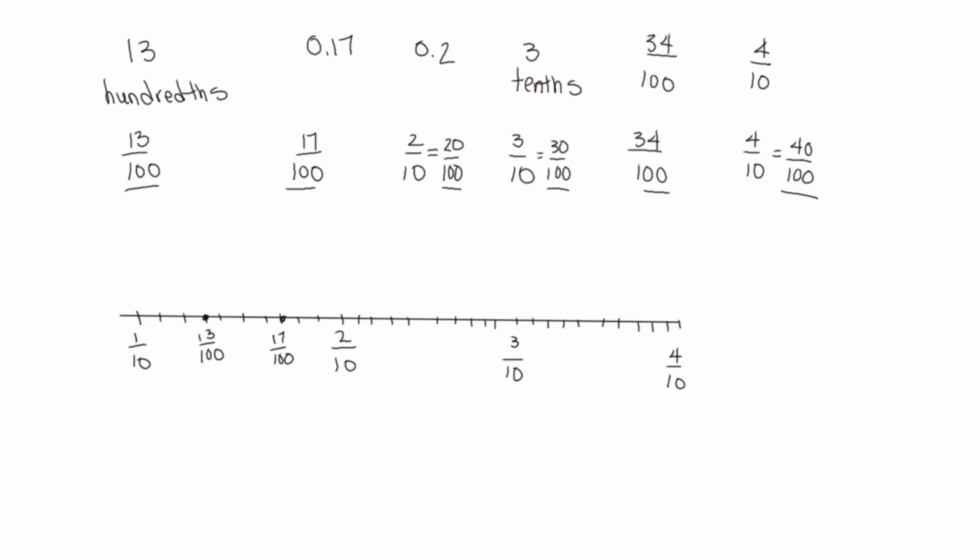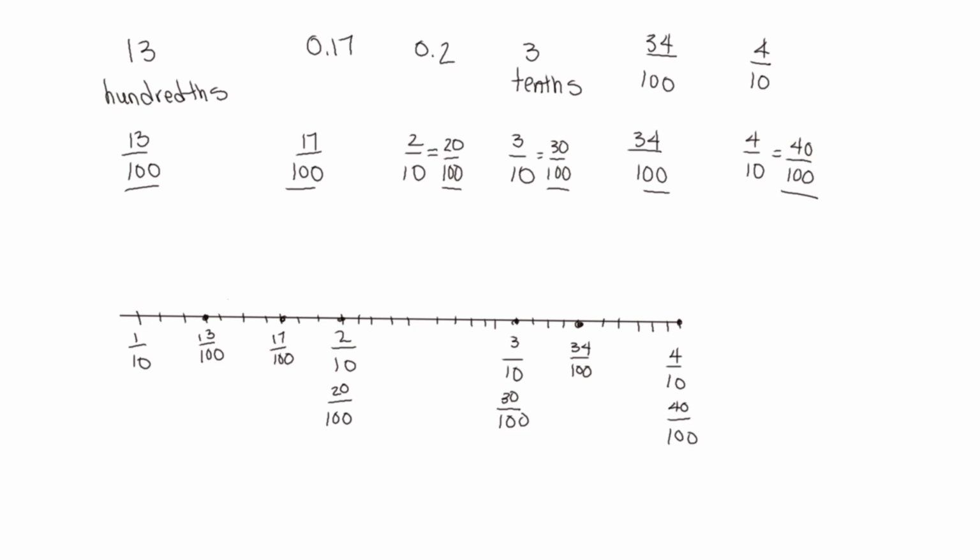We have 2/10ths already plotted, which we said was the same as 20 hundredths. And we have 3/10ths, which is the same as 30 hundredths. And if this is 30, 31, 32, 33, 34, this would be 34 hundredths. And we have 4/10ths, which is the same as 40 hundredths.